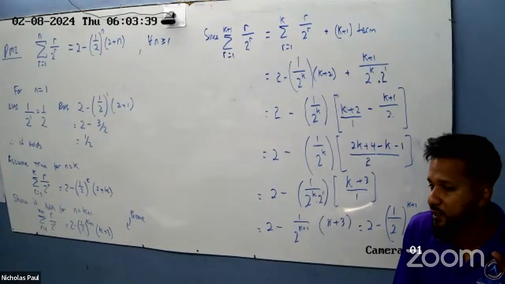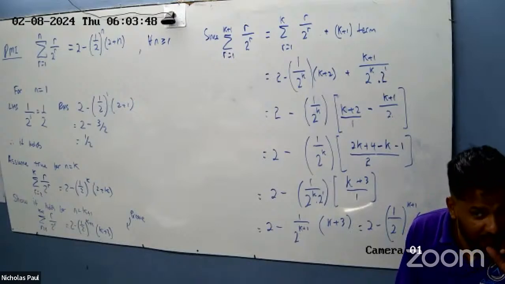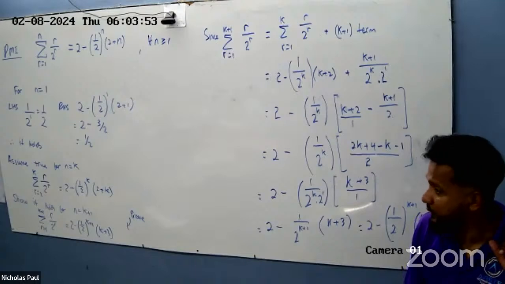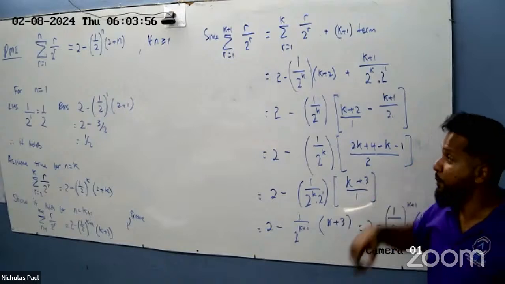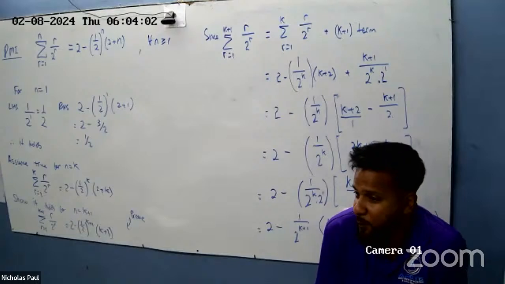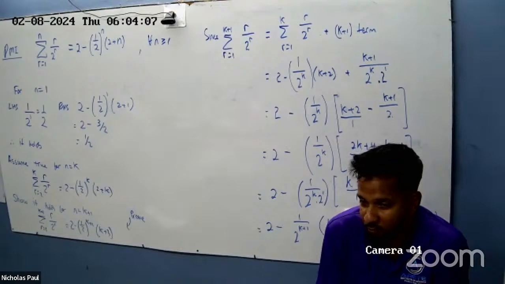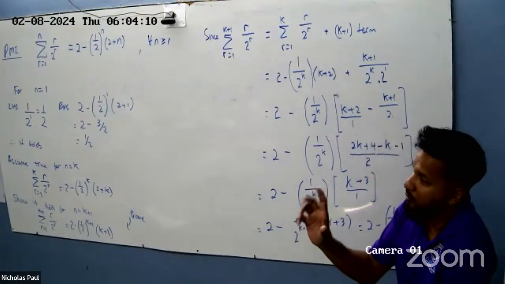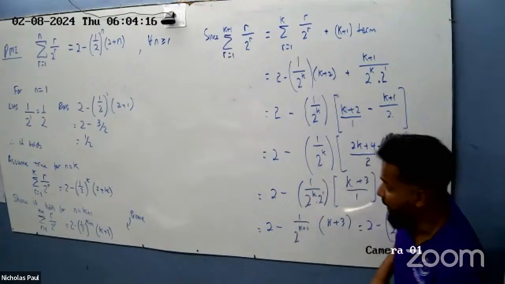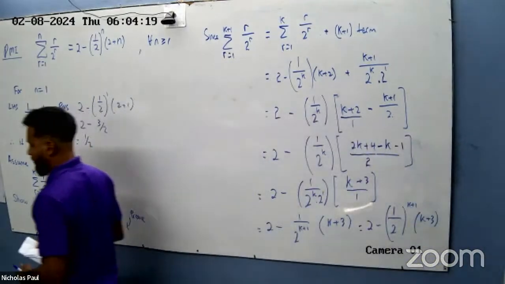AP doesn't converge to anybody, right? But a GP is convergent. Anybody remember when a GP is convergent?